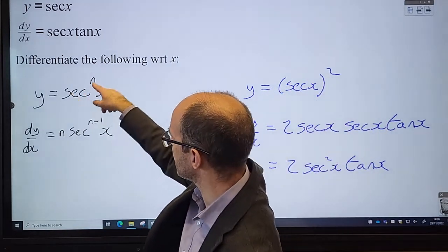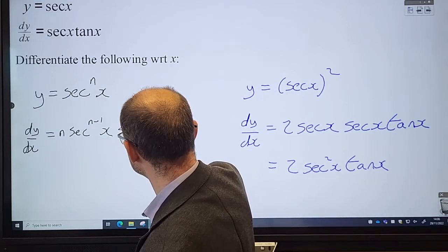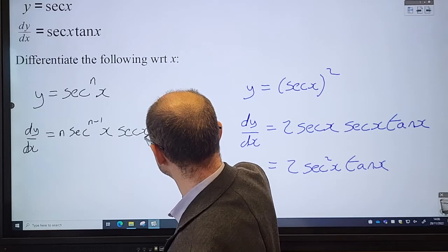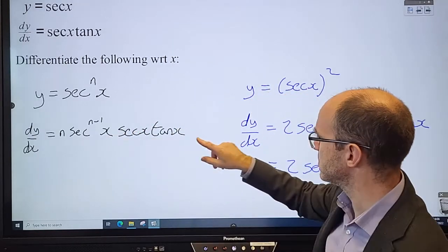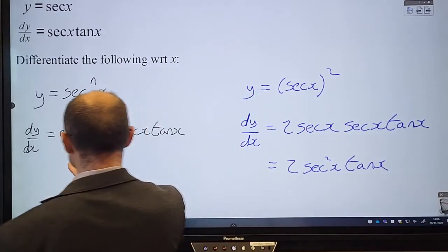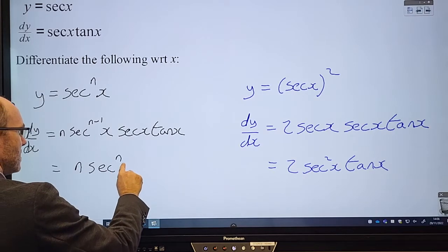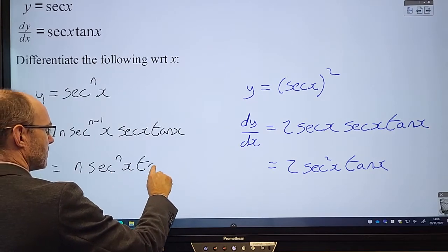So n sec to the power of n minus 1 x, then differentiate the sec x to get sec x tan x. So you can see the similarity between this here and this here, I'm hoping. And then that will simplify to n sec to the power of n x tan x.